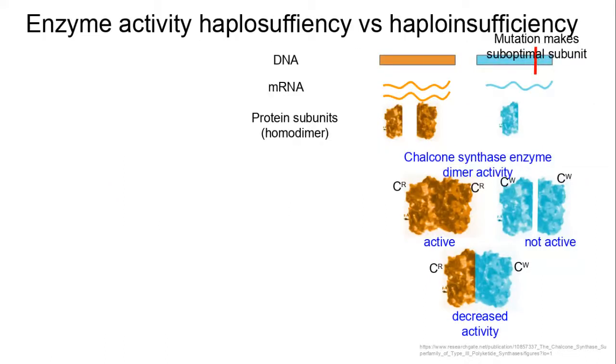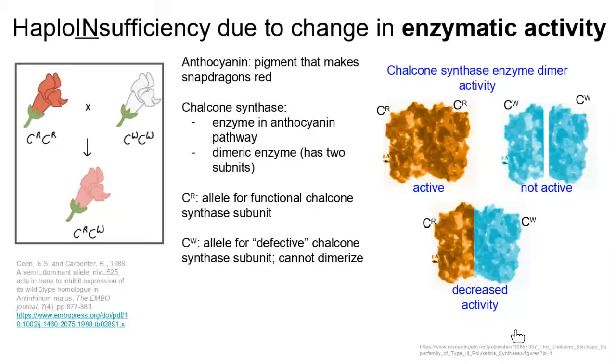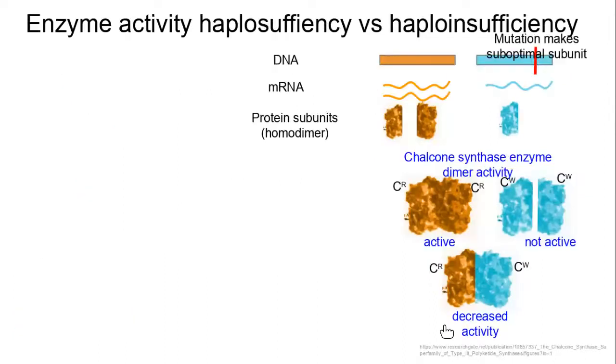So it could be because of the enzyme activity, or it could be the fact that there's some transcription. Oh, actually, there's a later example. Let me focus on this one, sorry. So here I'm contrasting haploinsufficiency with haplosufficiency.